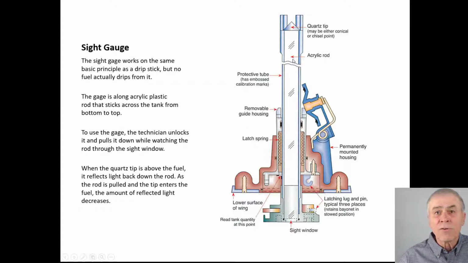I guess there's an acrylic rod there. When the quartz tip is above the fuel, it reflects light back down the rod. As the rod is pulled and the tip enters the fuel, the amount of reflected light decreases. So, kind of interesting. I don't know if I've actually used one or seen one. I may have and just don't vividly recall.